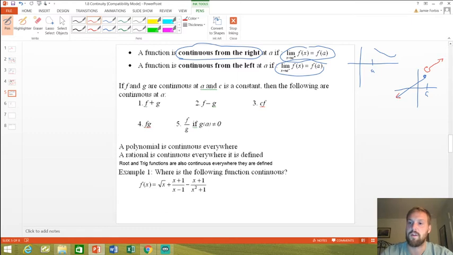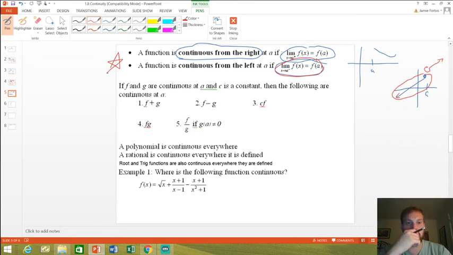So in this example here, it's only continuous from the left at x equals a, because the left limit matches up with the value. So it can sometimes specify that at a break in the graph. Not always, but I did want to discuss that. Most of the time, it's talking about generic continuity at point a, and not just from the left or right. Again, wanted you to know that.